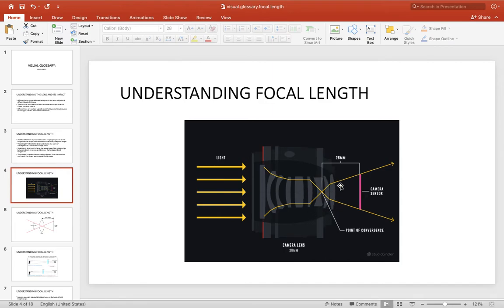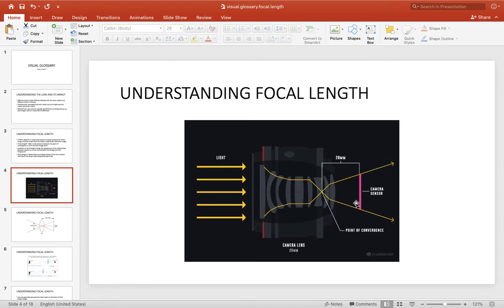Focal length refers to the distance between that point of convergence. I hope you guys can see convergence. I'm circling around it here. The focal length refers to the distance between the point of convergence and what is sometimes known as the image plane, which is where the image is going. That could be the actual film strip, or some kind of digital camera sensor, whatever it is.